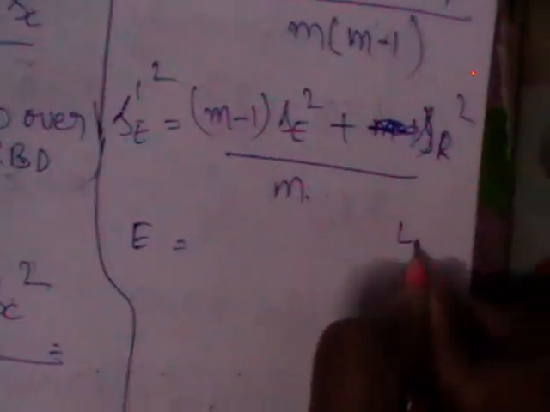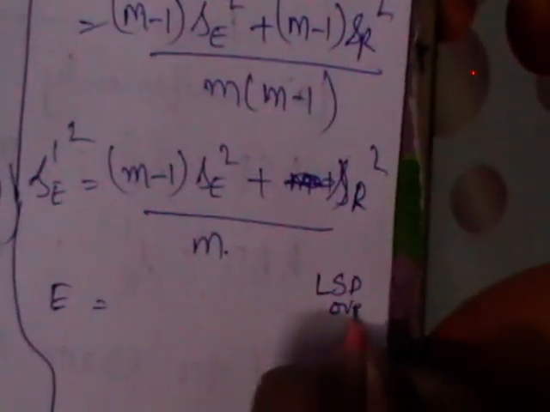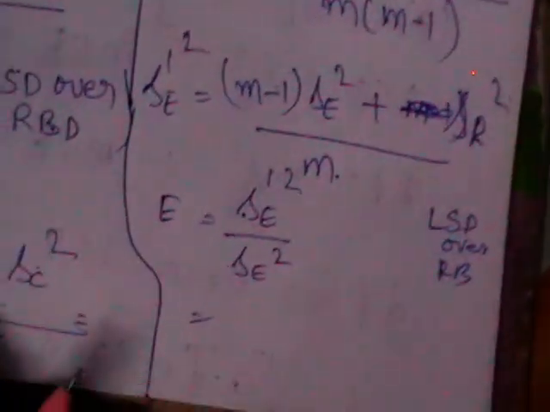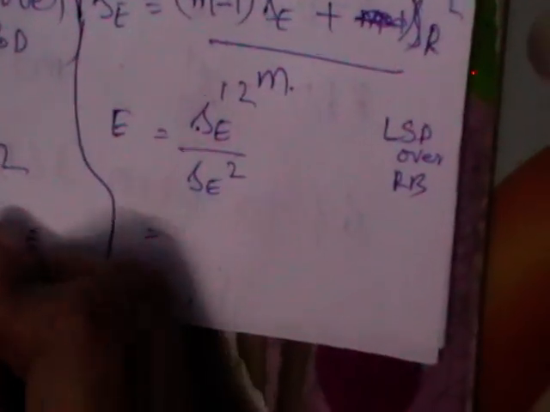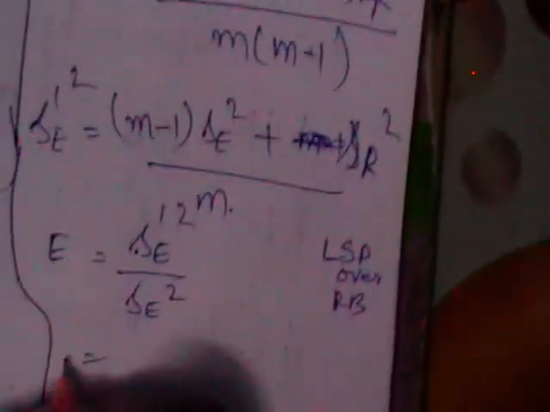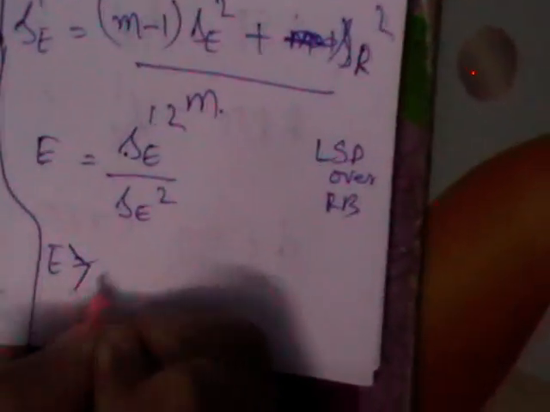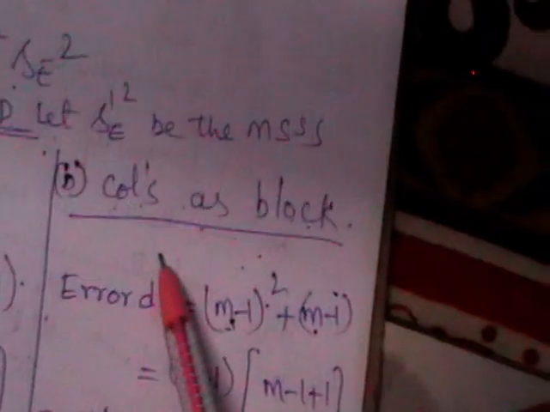Efficiency of LSD over RBD means the mean square error of RBD divided by that of LSD. If you observe these two, in place of C you have R, everything else is the same. Similarly we can say that E is greater than 1 even when we treat columns as blocks.